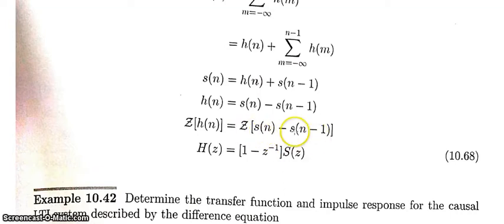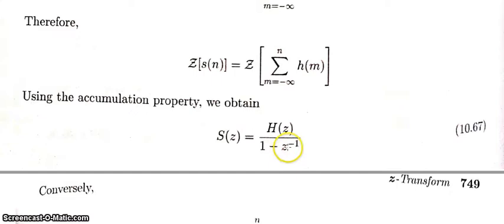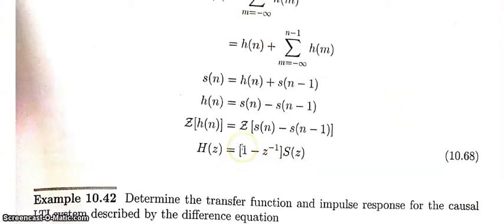From both the terms we can take s of z outside, therefore h of z is 1 minus z inverse into s of z. This is the relation between the impulse response and step response in terms of the z transform. This is important, you must know this relationship while solving problems.